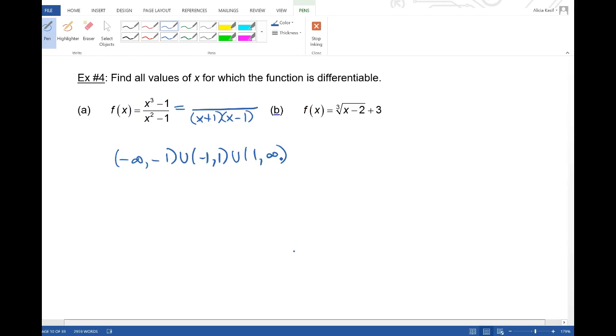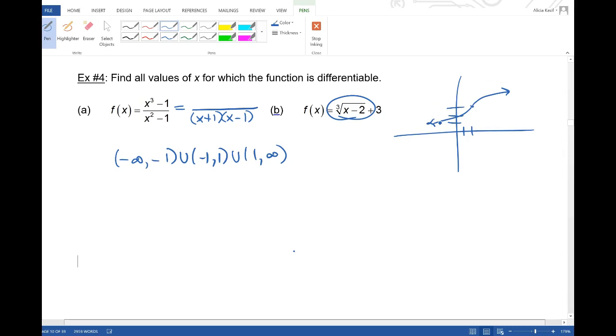How about B? So this has an odd root. So it's a vertical tangent. Okay, so this has a vertical tangent, but just where? Be careful here. Positive 2. If we were to graph this, it looks like this.